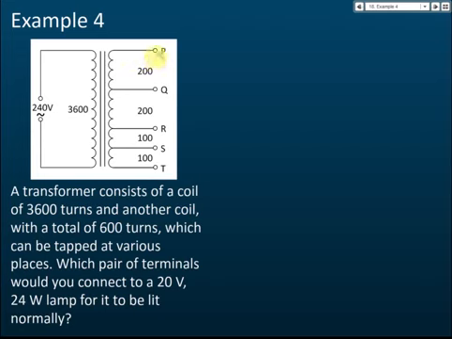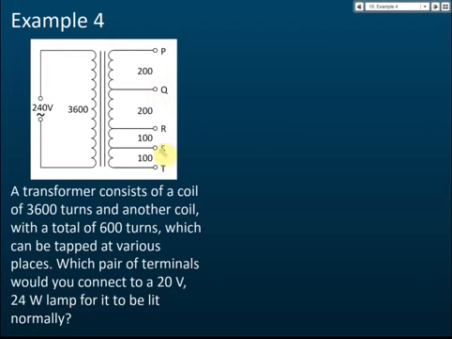If you tap P and R, then the secondary coil is 400. It depends on where you connect. If you connect P to R, you have 400 turns in the secondary circuit. If you connect P to S, you have 500. If you connect P to T, you have 600. If you connect Q to S, you have 300.